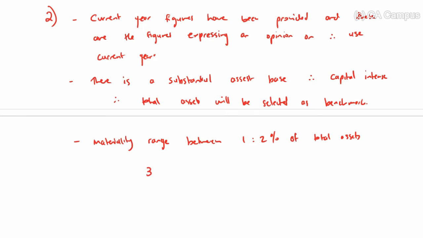So 32,344 times 1% is 323,440, and then times that by 2%, $646,880. So that's my range.